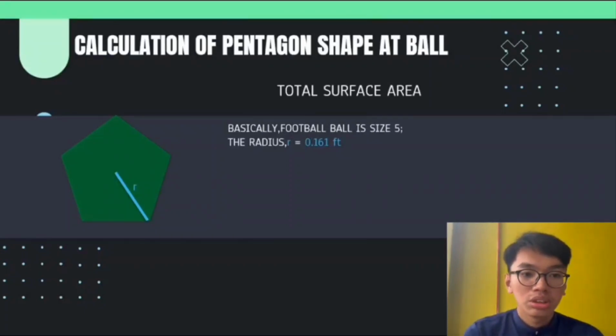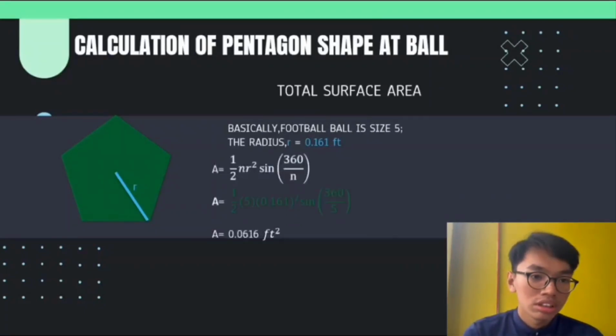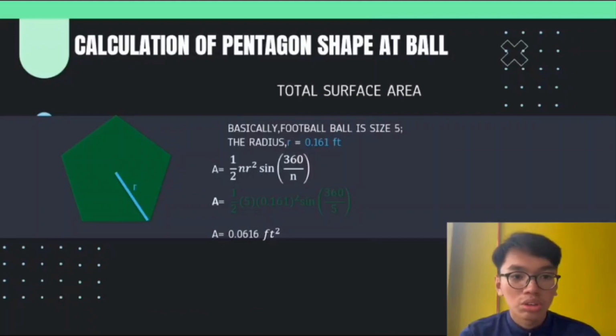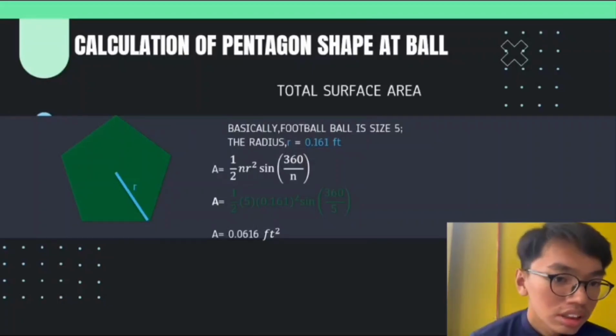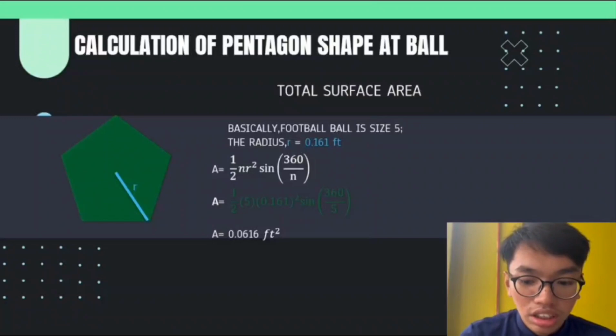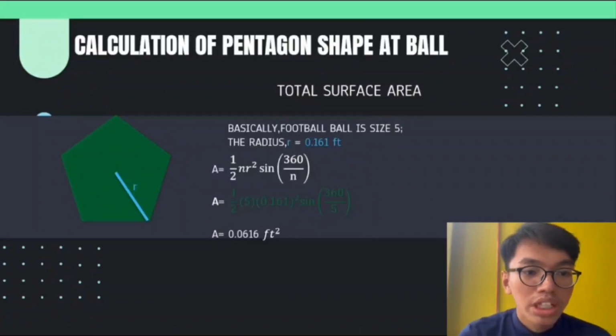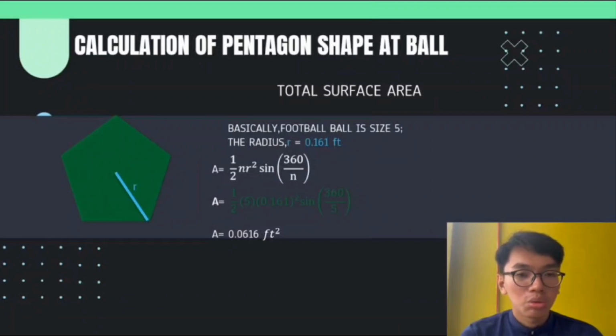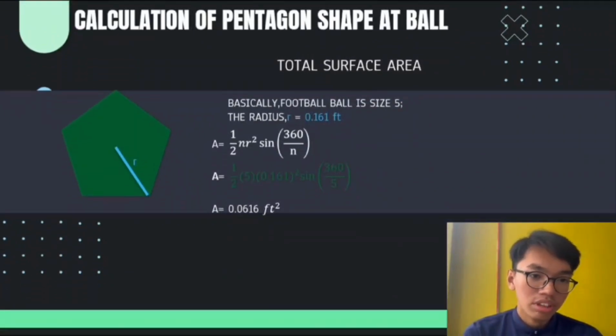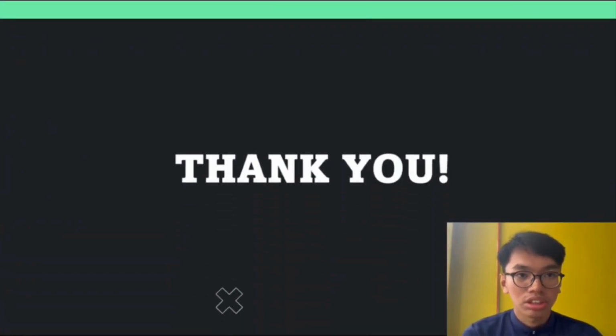So we are gonna use the formula 1/2 times the sides of the pentagon times radius squared times sine of 360 over the sides of the pentagon. Then we substitute the numbers, and we get 0.0616 feet squared.